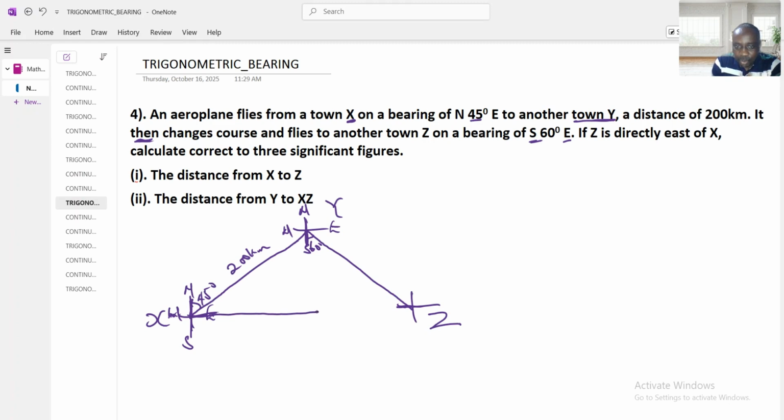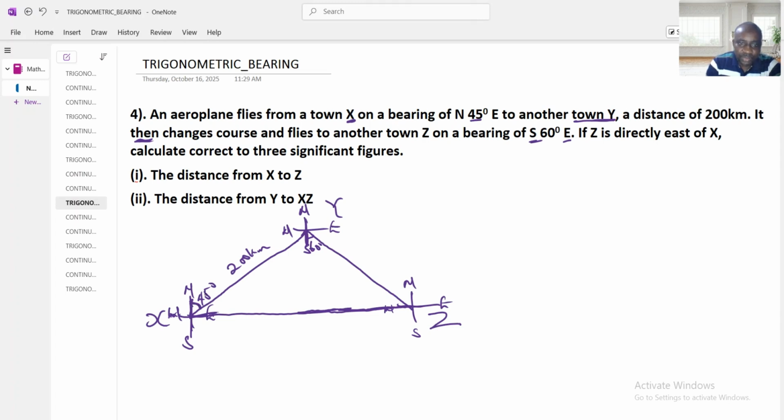Therefore, opposite of Z, it means that they are horizontal. East of the X matches with the west of the Z. This is north, this is east of the Z, and this is south.